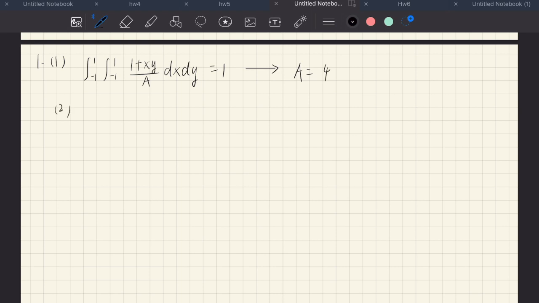Question 2, we need to show whether X and Y are uncorrelated. First, we calculate the expectation of XY. This should be equal to the integral from -1 to 1, -1 to 1, of xy times (1 plus xy) over 4 with respect to x and with respect to y.